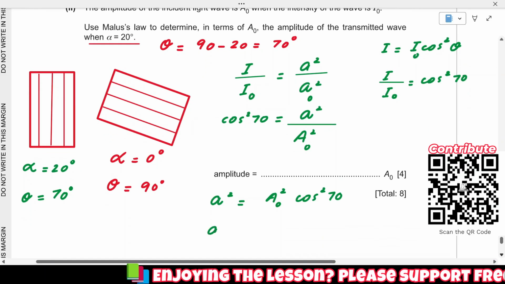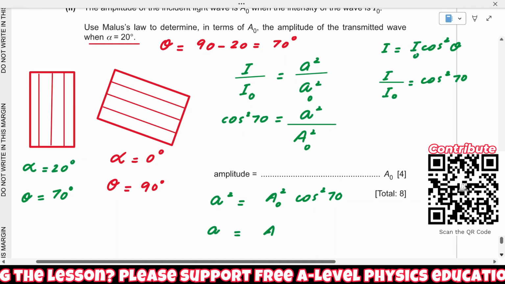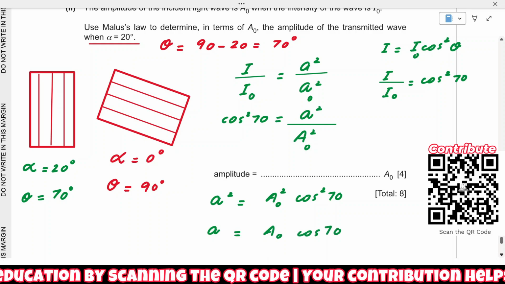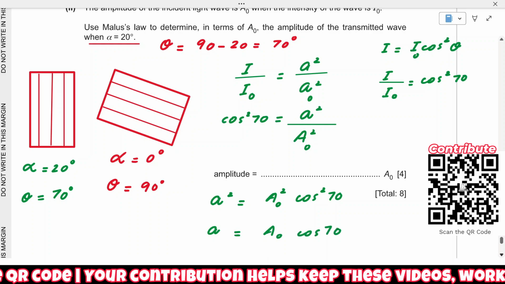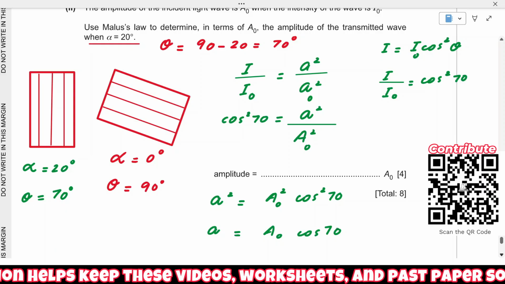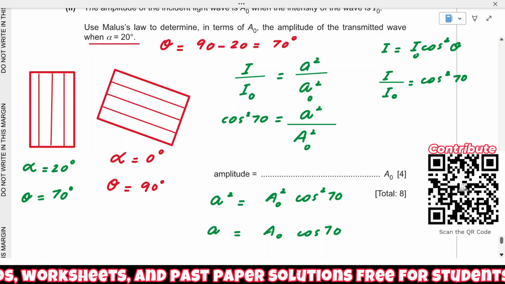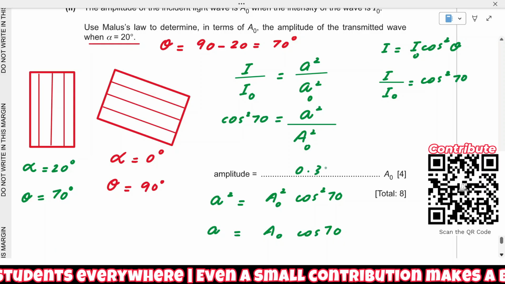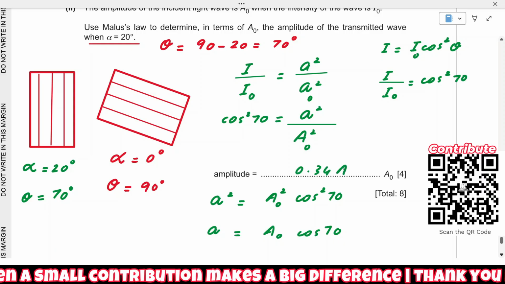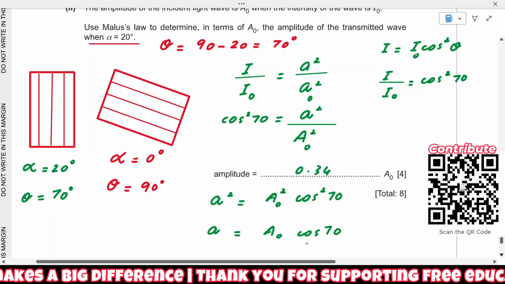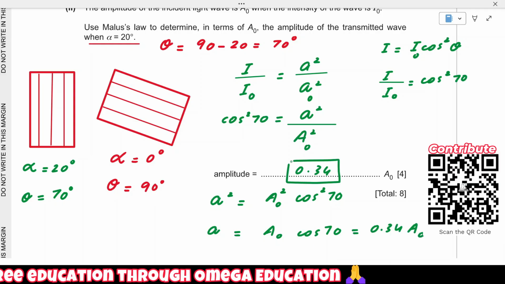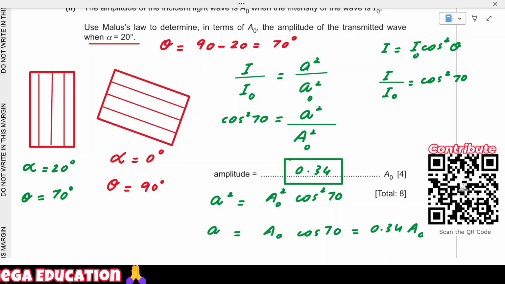Then you can take square root on both sides. It will be A naught times cos 70. Now we simply need to find the value of cos 70. Cos 70 is 0.34 times A naught, which is already there. So 0.34 is indeed the answer.